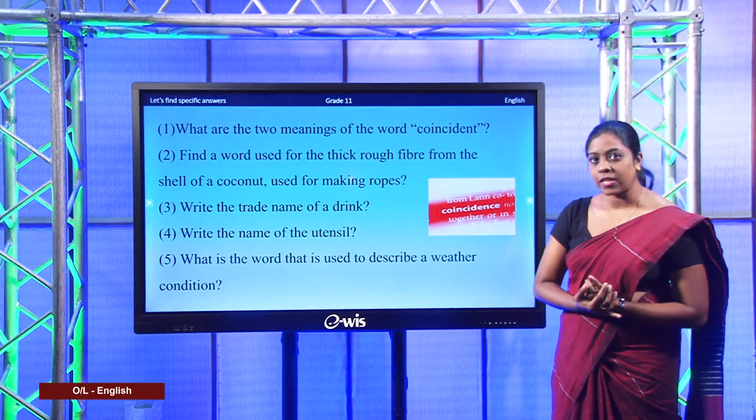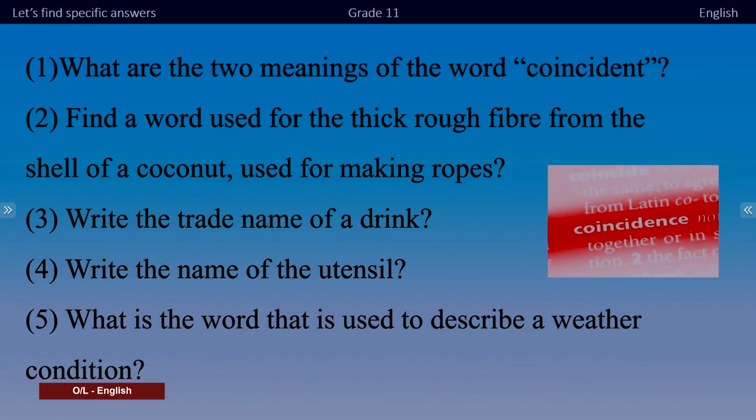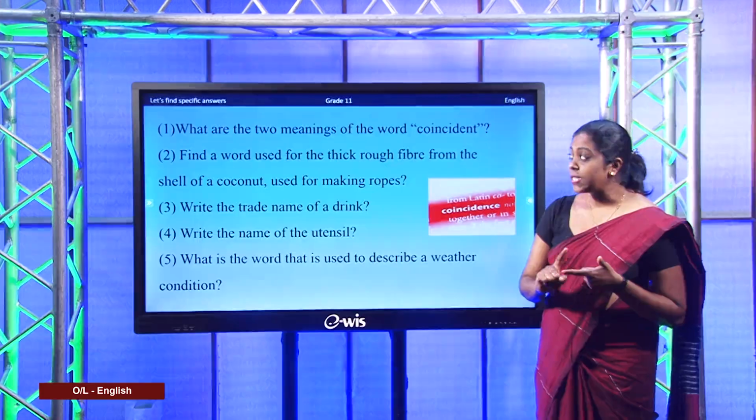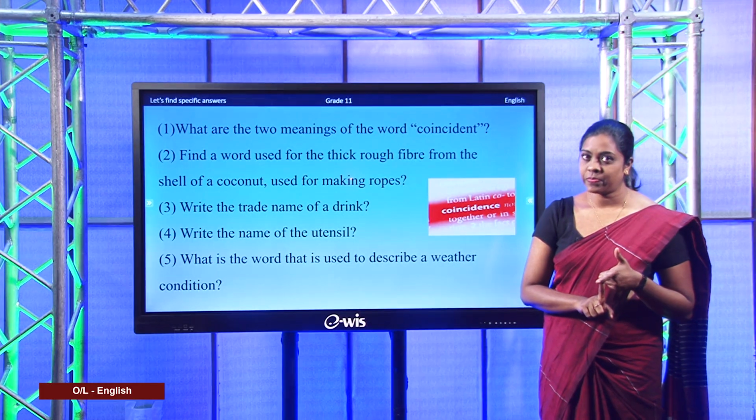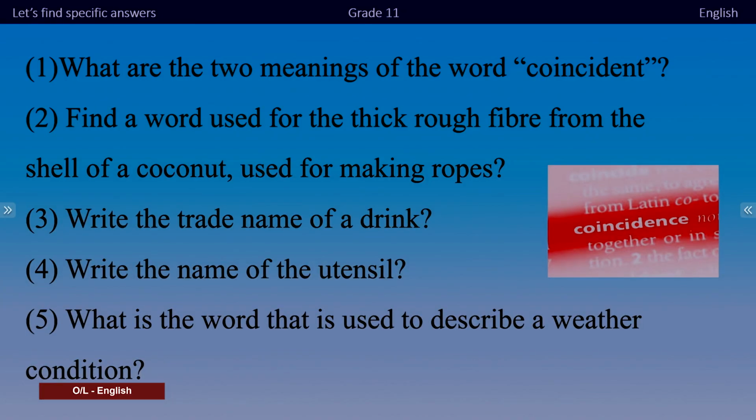Right. Let me read the questions for you, children. What are the 2 meanings of the word coincident? Find a word used for thick, rough fiber from the shell of a coconut used for making ropes. First one, you have to find the meaning. Second one, you have to find a word. Third one, write the trade name of a drink.